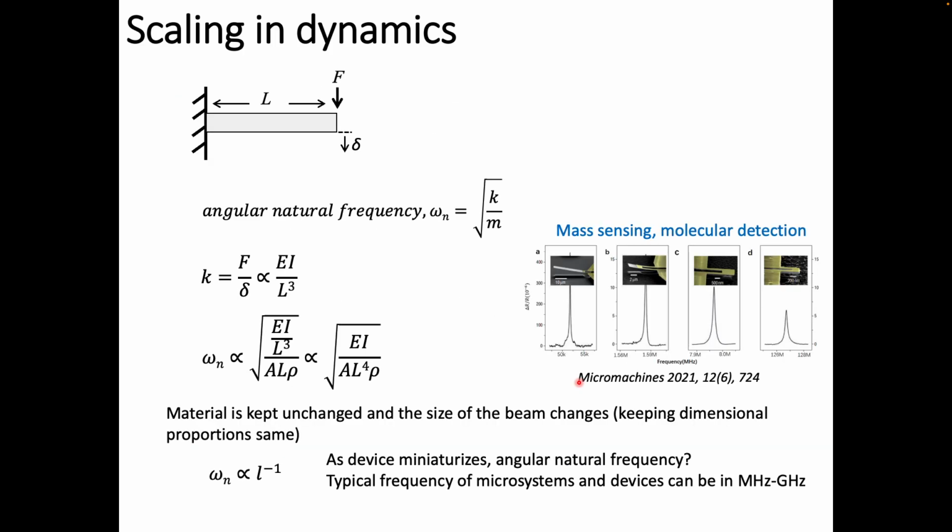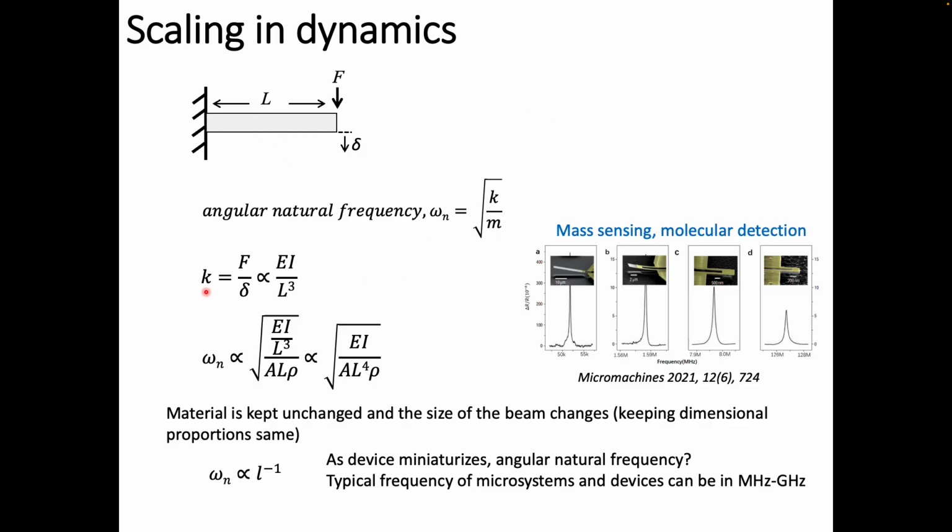This is one example of natural frequency, or resonant frequency. We are again considering a beam, but in this case imagine it is a very small beam. The angular natural frequency, as you probably remember, is given by the square root of k over m, where k is the spring constant and m is the mass of the object.